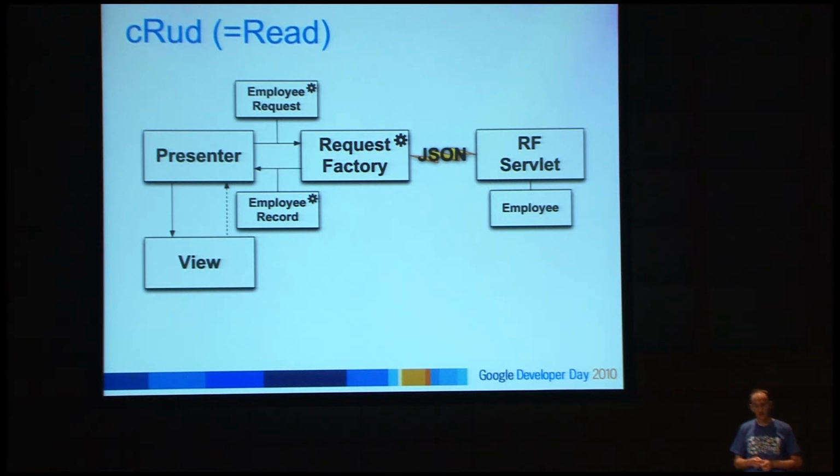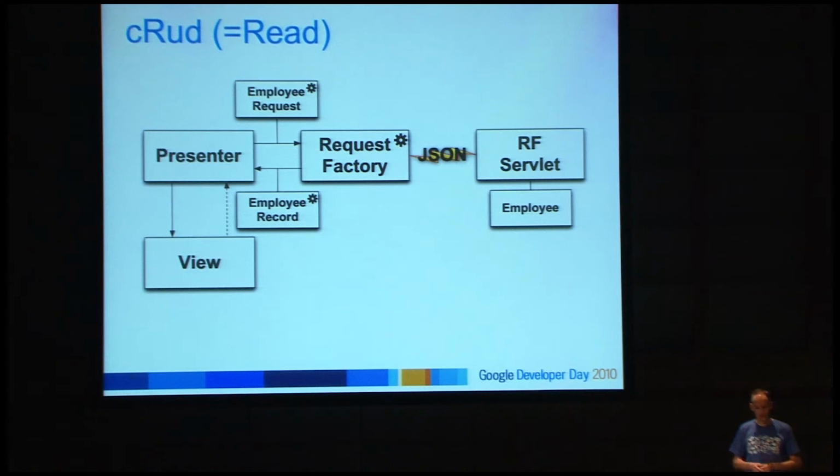This class knows how to do some basic caching, and it knows how to communicate with the request factory servlet. The employee record, which you see here, is the DTO. It's the data transfer object. It's also automatically generated. So you write the code in the presenter, and you write some code server-side, and we do the rest for you.